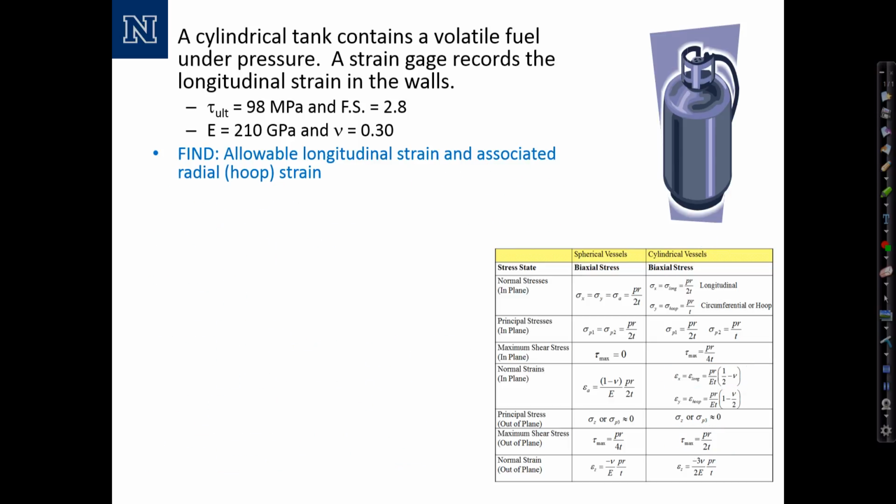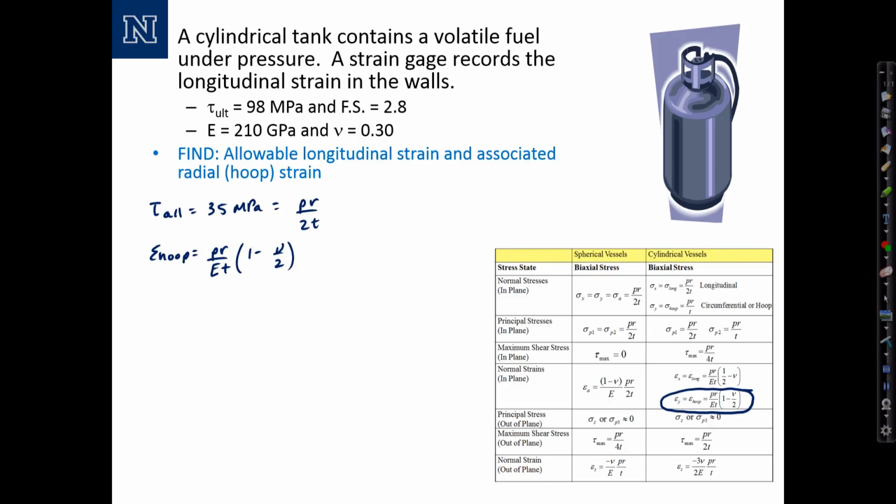Okay, for epsilon hoop strain, the equation that we need is this one right here. Again, let's remember that tau allowable equals 35 megapascals equals PR over 2T. Epsilon hoop equals PR over ET times 1 minus nu over 2.